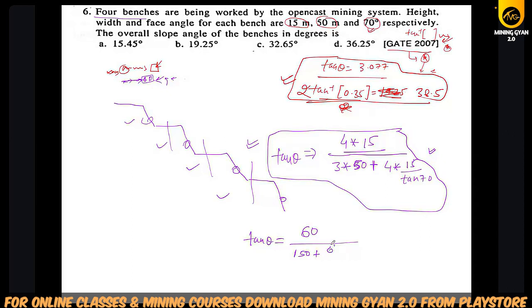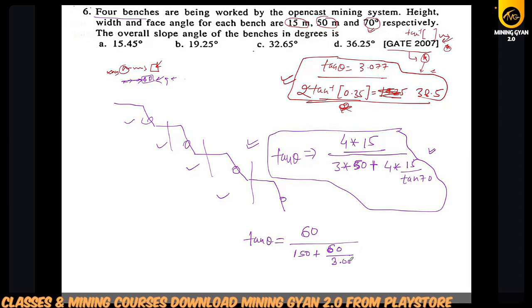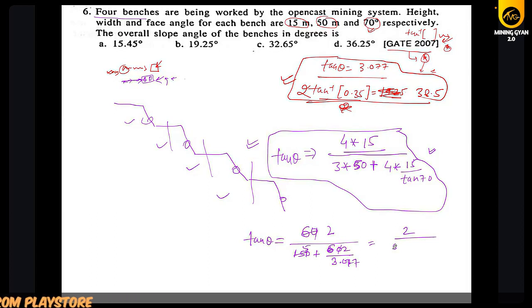150, 15 into 60, divided by 3.077. So 253.077 plus 2 multiplied with 3.077.